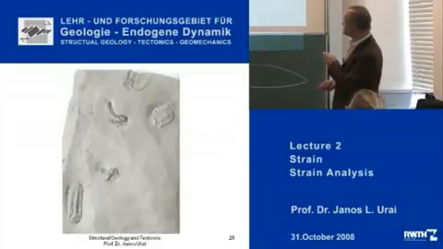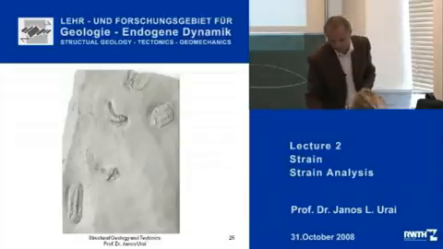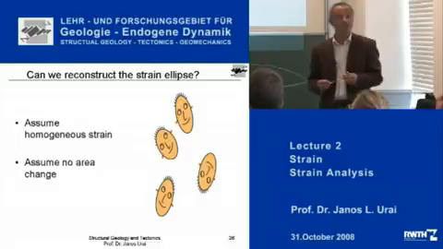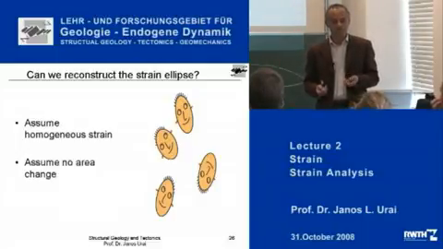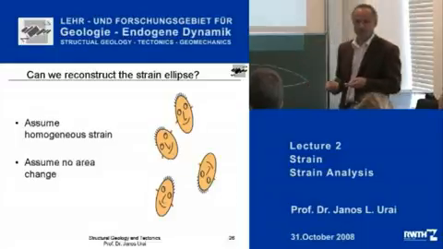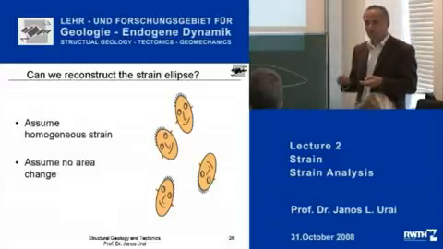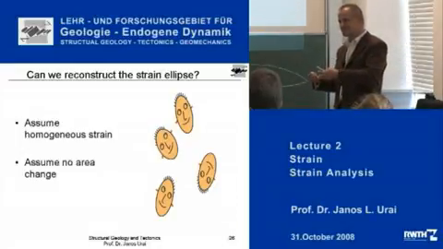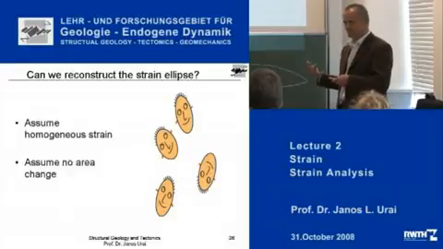There's shortening in this direction, there's stretching in that direction. And in the tutorial, we are going to teach you how to use deformed fossils to determine the strain. Okay? And the problem is knowing how it looked like and using this information to determine the D.